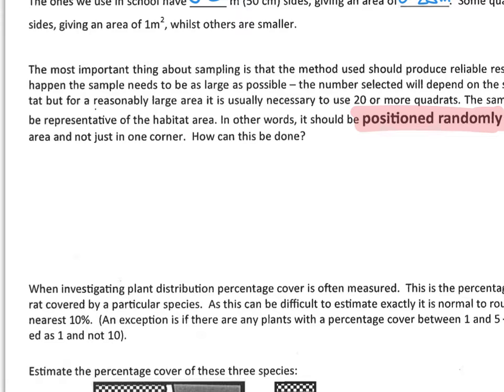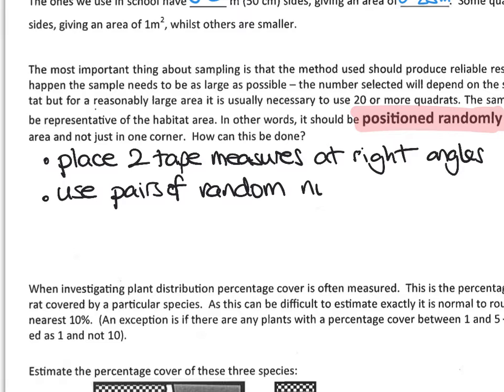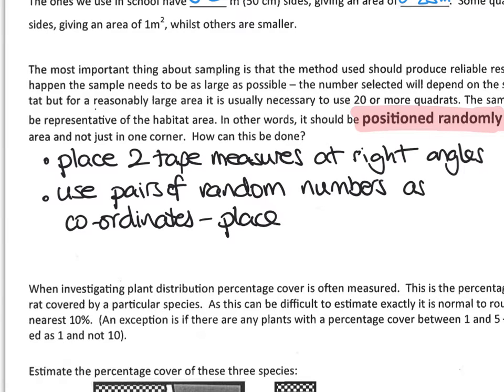You put two tape measures at right angles, and use pairs of random numbers as coordinates. And you put the quadrat down.